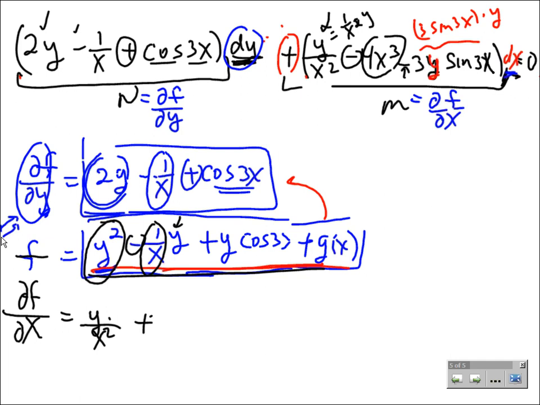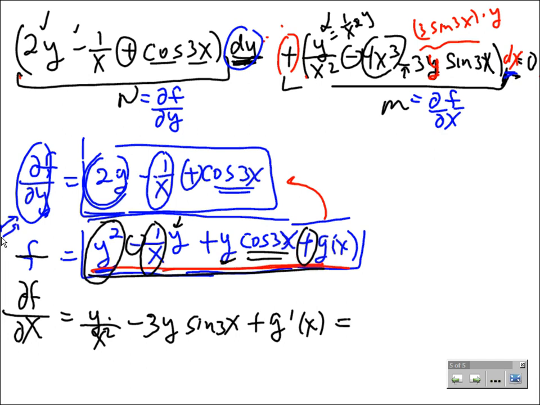Plus, the y is a constant, this y is a constant, the derivative of cosine of 3x is negative sine of 3x times the derivative of 3x, plus g prime of x.